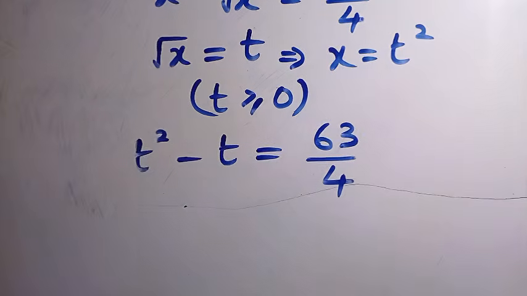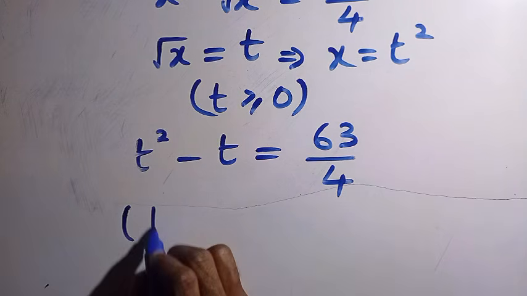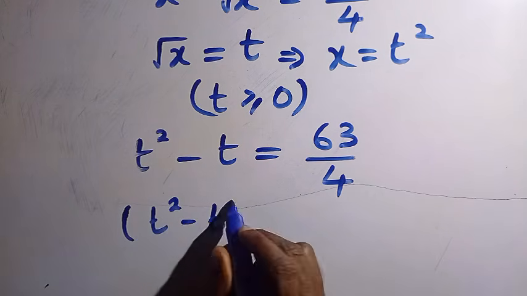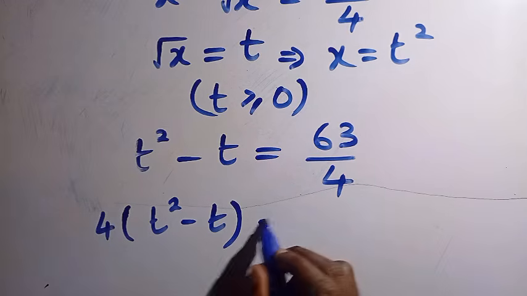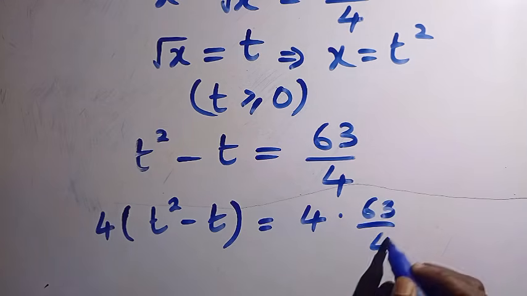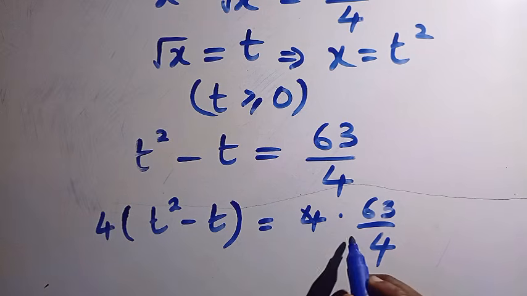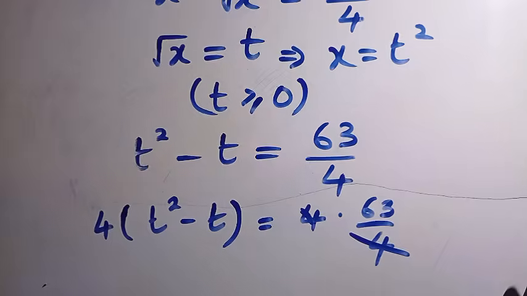So the next step is we are going to multiply throughout by 4. I multiply t squared minus t by 4, and I multiply 63 over 4 by 4, so the 4 cancels the 4.